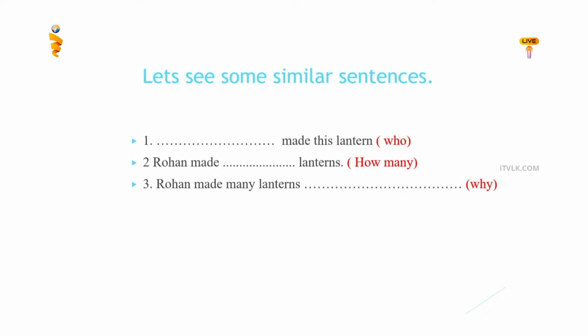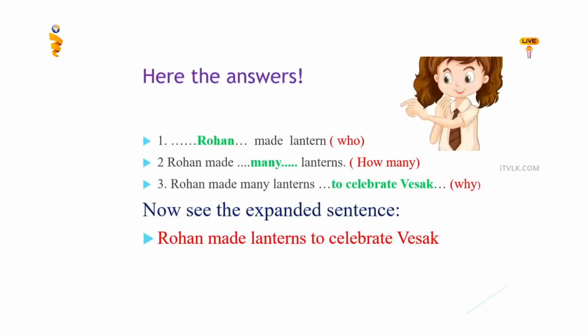Let's see the answers. Here are the answers, children. Rohan made a lantern. Rohan made many lanterns. Rohan made many lanterns to celebrate Vesak. Now see, we have got answers for all the questions that we have asked. Who? Rohan. How many?